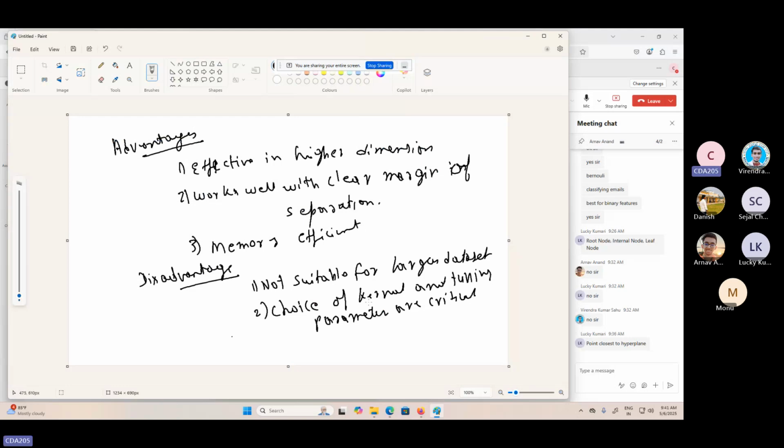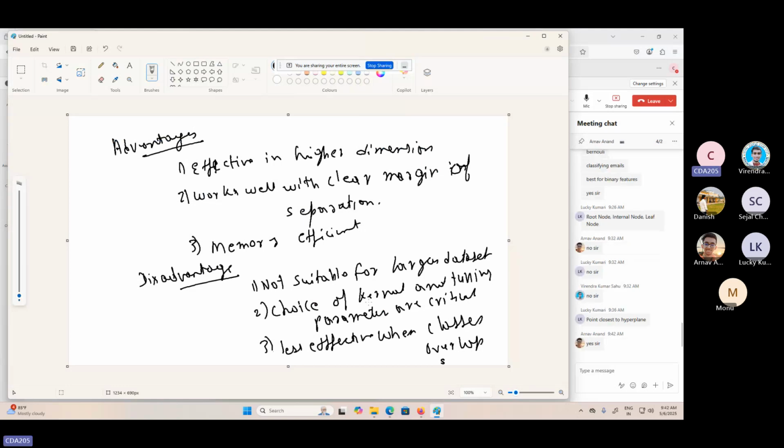And the next one, it is less effective when classes overlap. Are you clear with this? These are the best examples of supervised learning, and these are classification.